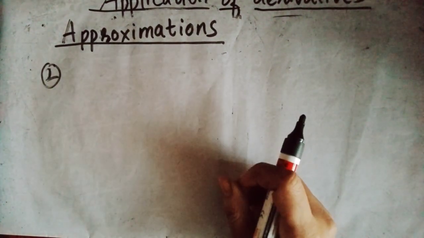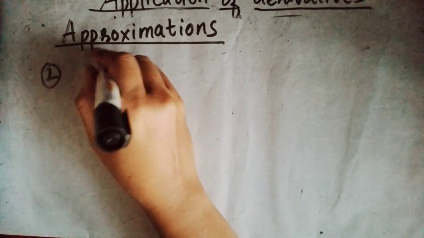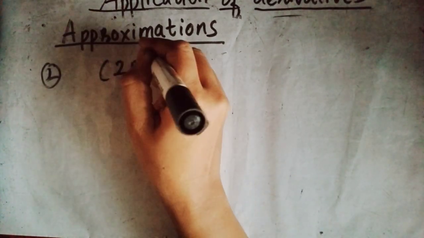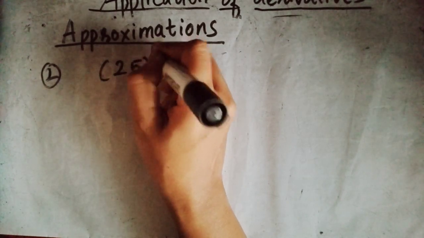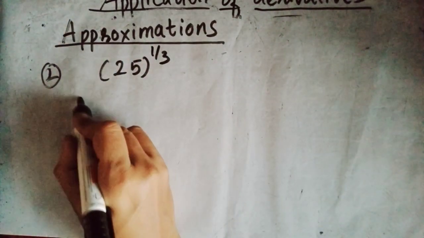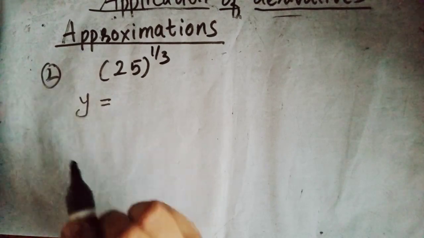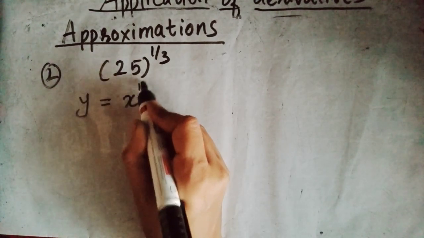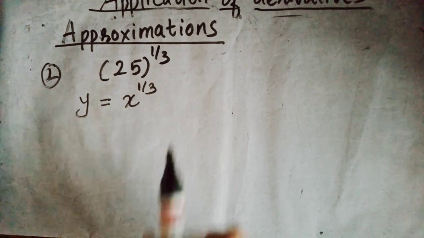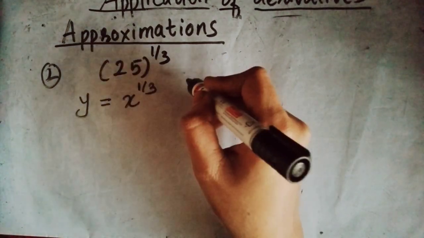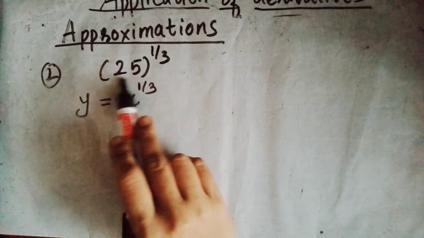Try with some other example. There is one more problem here: you have to find the approximate value of 25 raised to 1 by 3. First you have to write y equal to x raised to 1 by 3. Here you don't have to split anything, because only 25 is given.